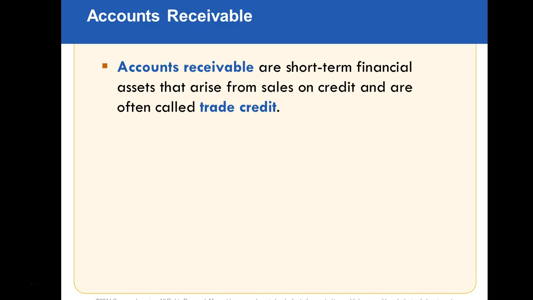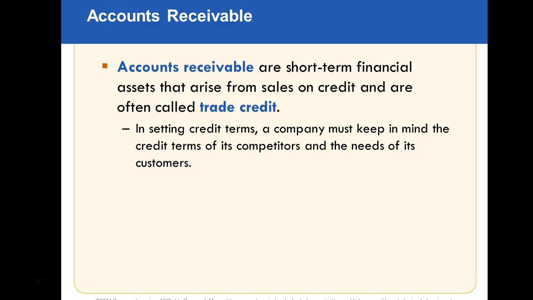We grant them credit to pay us within a period of time. Remember, we talked about 2/10 net 30, which means if they pay within 10 days, they get a 2% discount. Otherwise, they need to pay their whole bill within 30 days. In a perfect world, that would be awesome if they do that, but it doesn't always work that way.